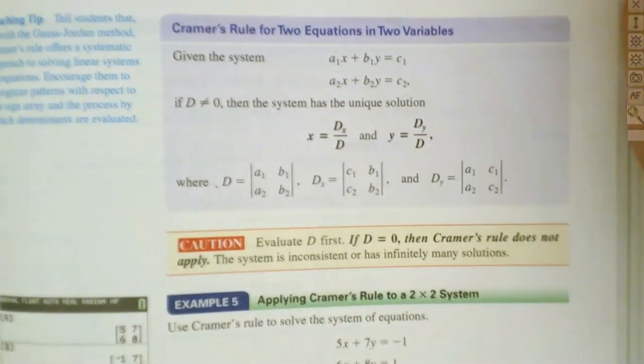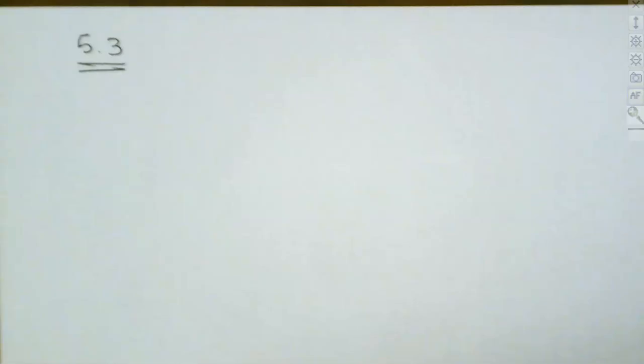Now, before we can use Cramer's rule, we need to learn a little bit about determinants and how these determinants work. And what a determinant is, it's just a number. And whenever you have, they look like giant absolute value bars, that's a determinant.